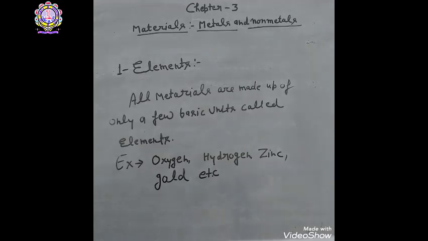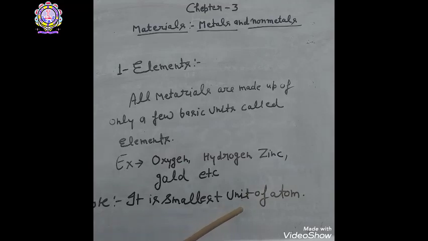In a simple way, a pure substance that consists of only one kind of atoms is called an element. It is the smallest unit of an atom.